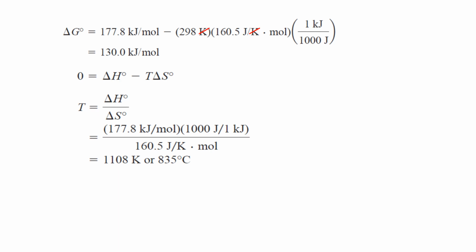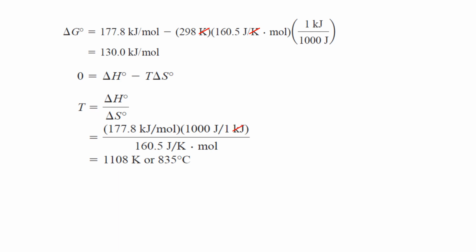Substituting the calculated values, we have 177.8 kilojoule per mole. Convert that to joule, so use the conversion factor 1000 joule per 1 kilojoule, divided by the calculated change in entropy, which is 160.5 joule per Kelvin mole.